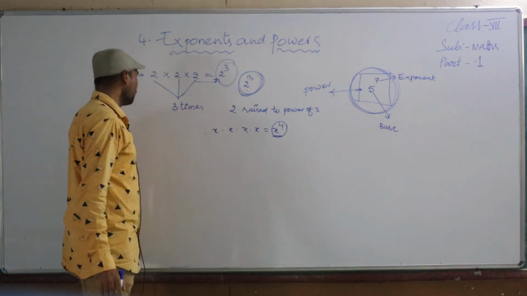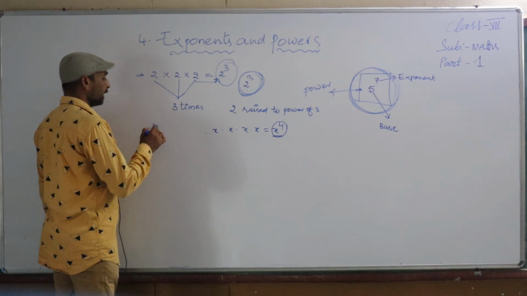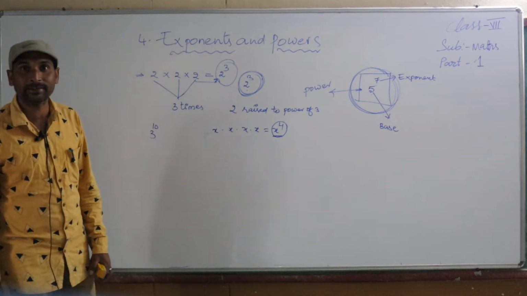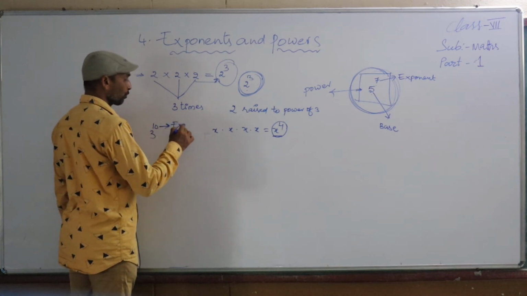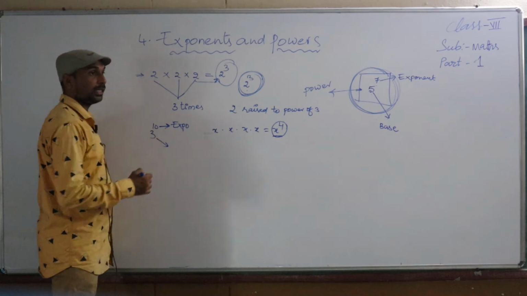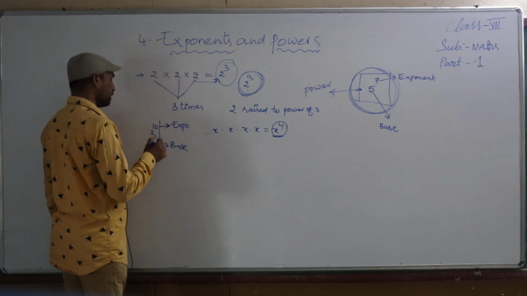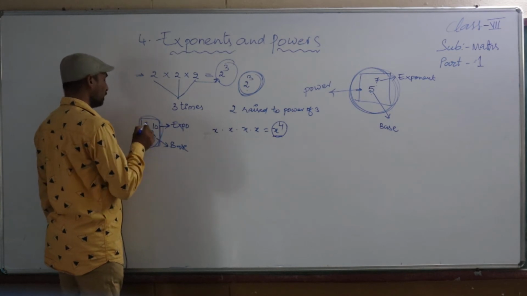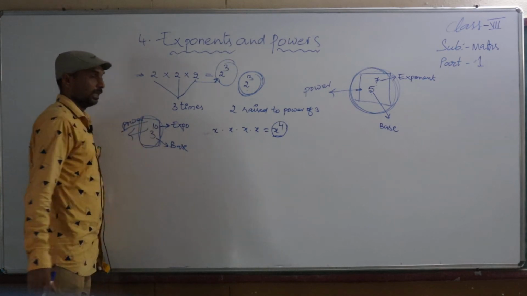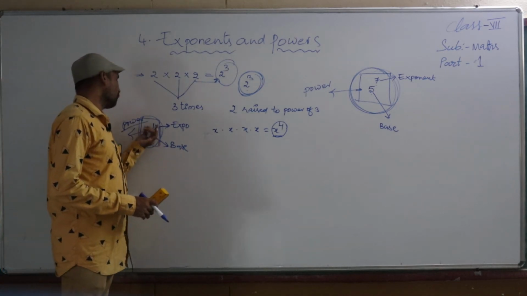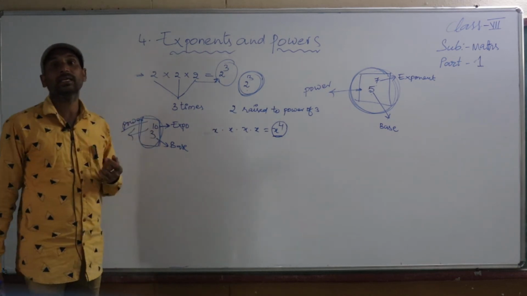Similarly, I am taking 3 power 10. What is the exponent in this? The exponent is 10. Then what is 3? 3 is the base. Then 3 power 10, or 3 to the power 10, this total we can say is the power.